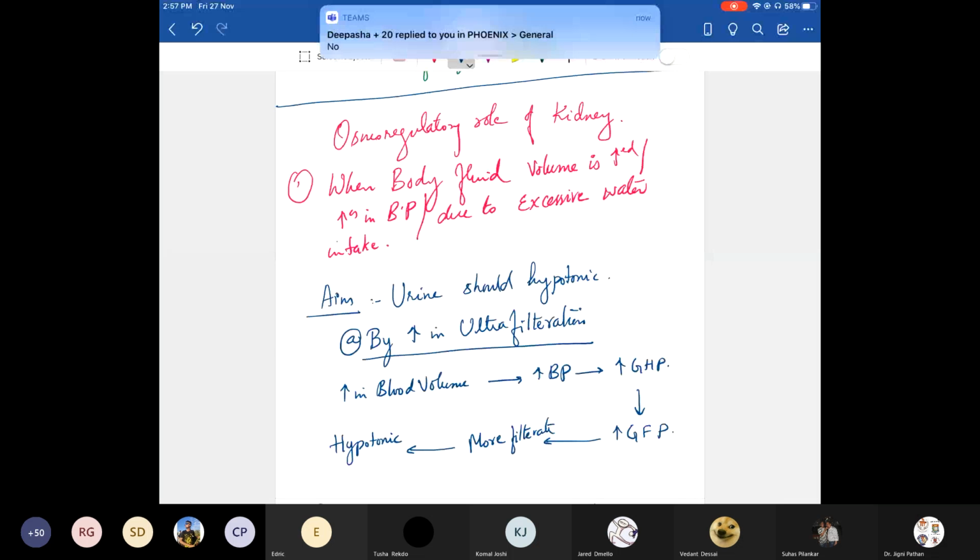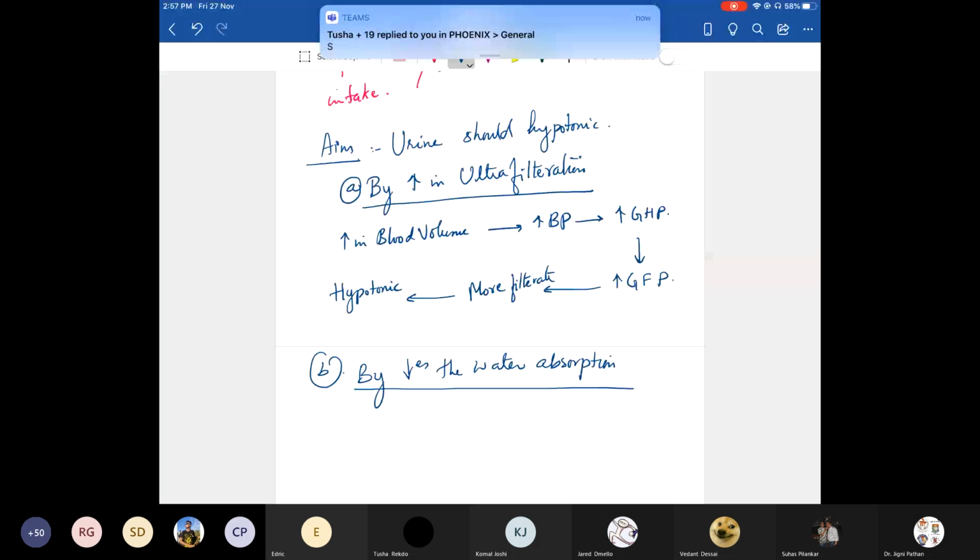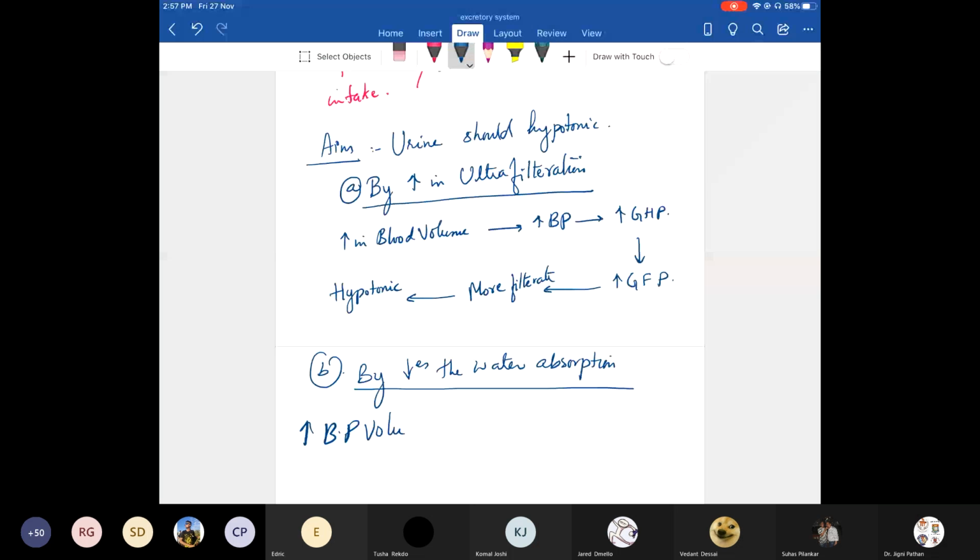Write down. You can get a hypotonic solution by decreasing the water reabsorption. Increase in blood volume activates the osmoreceptors.